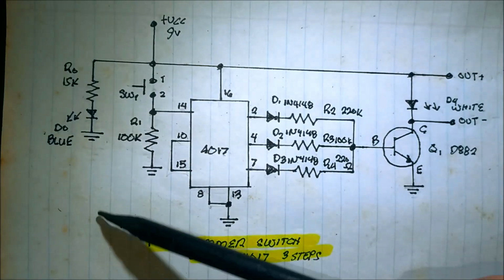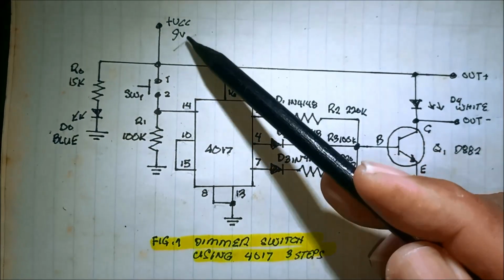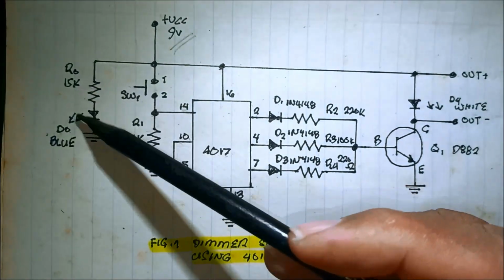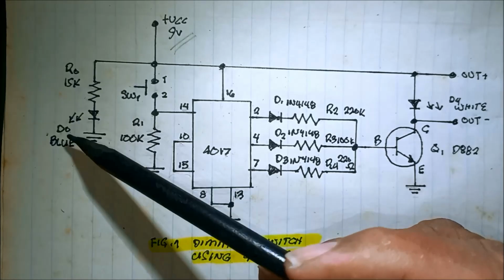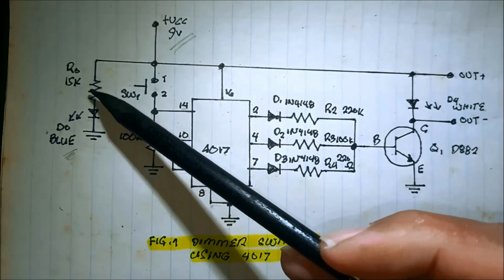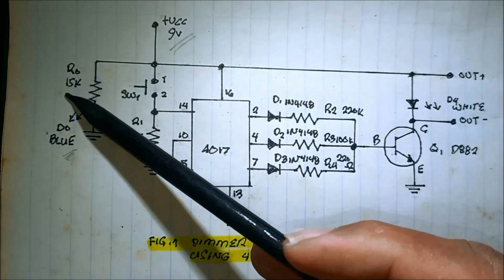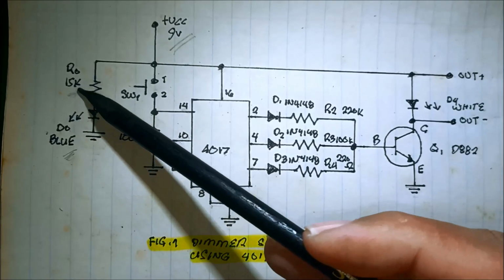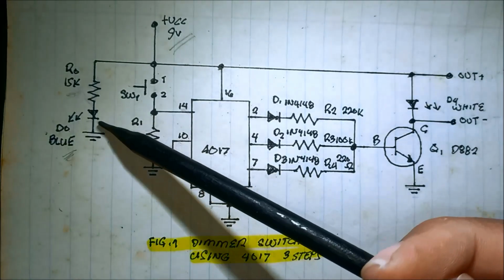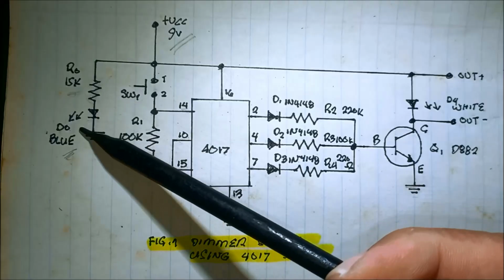And then in our circuit, we are using a 9 volt supply with a power indicator of 15K resistor with a blue LED. Just to minimize the light of the LED, I'm using a high value resistor, 15K, in series with the LED in order not to damage it.